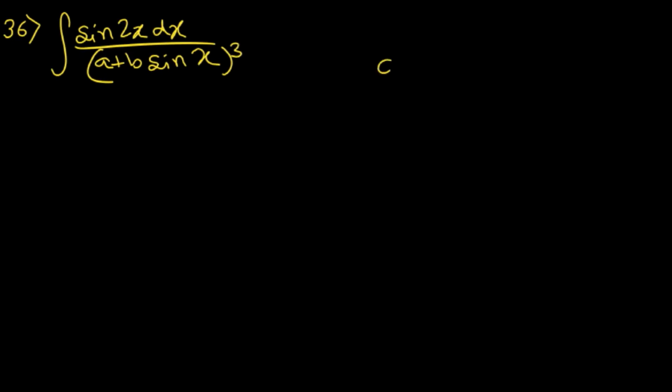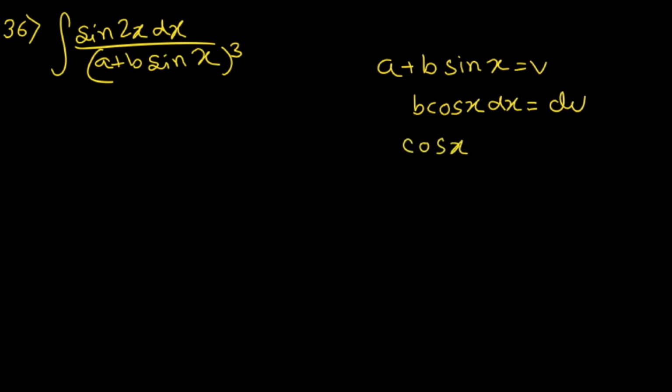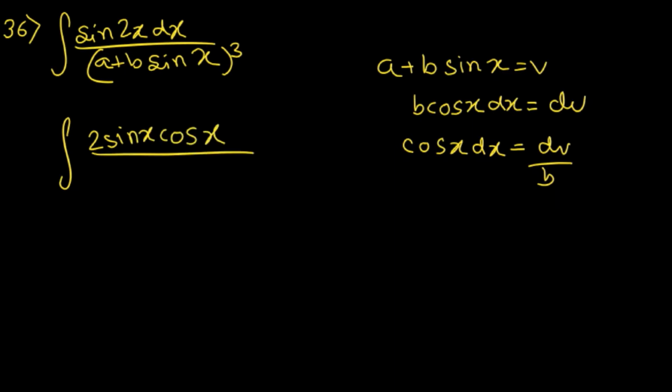So if I take a plus b sin x as v, then obviously b cos x dx would be equal to dv, differentiating both sides, and so cos x dx would be dv by b. So integration of sin 2x can be written as 2 sin x cos x, and a plus b sin x whole cube dx.